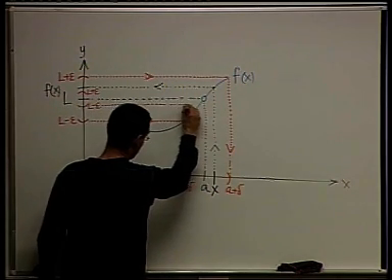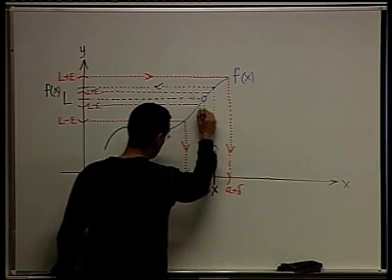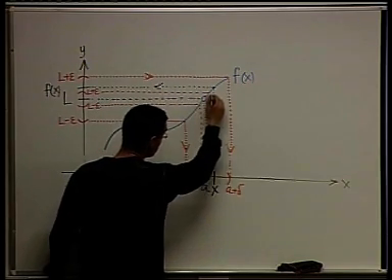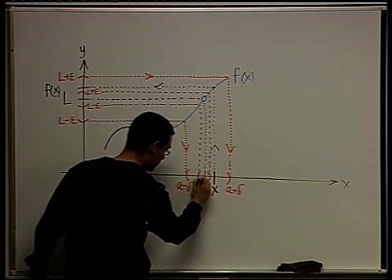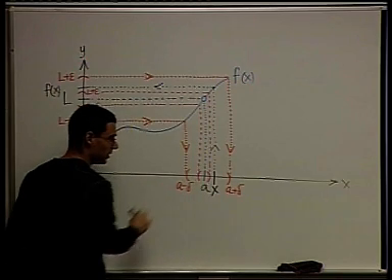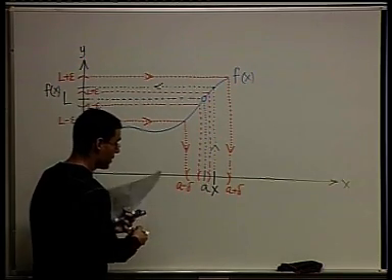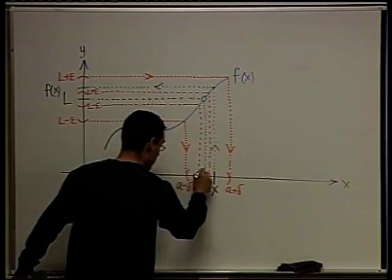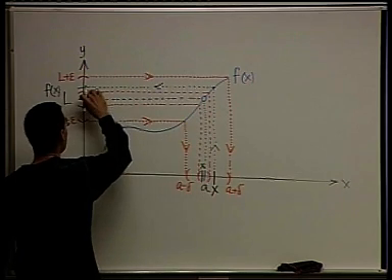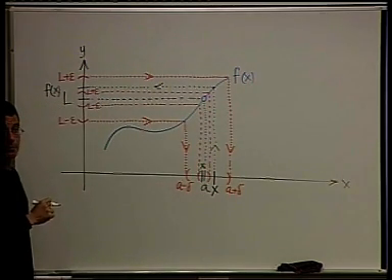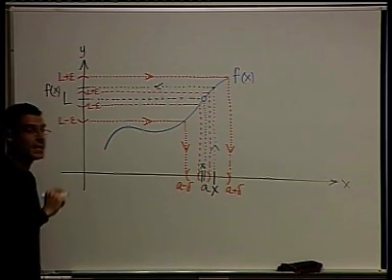I can find a delta neighborhood. There it is. It's going to be a smaller neighborhood, but there it is. Now this is A minus delta and A plus delta. And now if x is in this smaller delta neighborhood, here's x now, then f of x is going to land in this smaller epsilon neighborhood of L. But it's true for any epsilon.